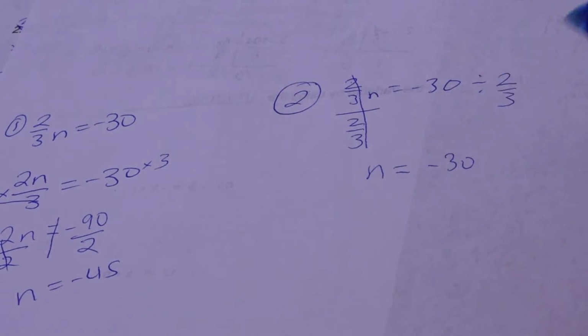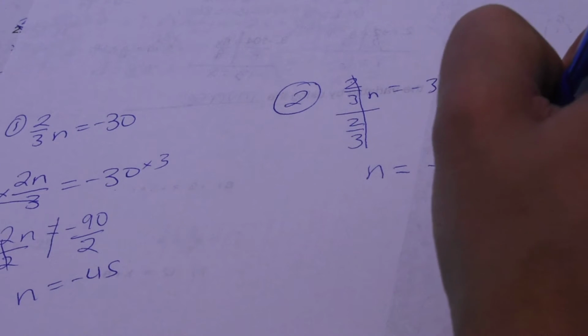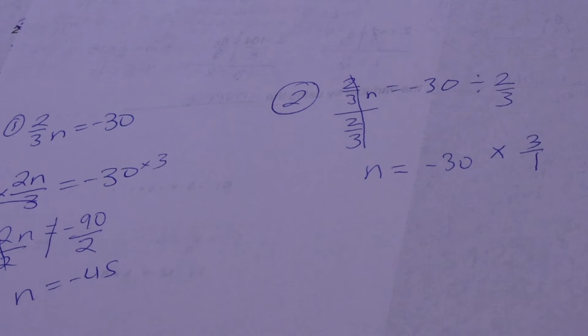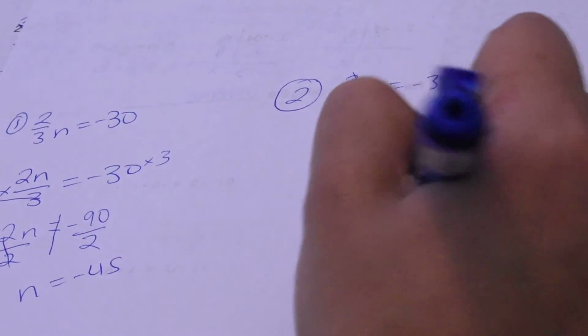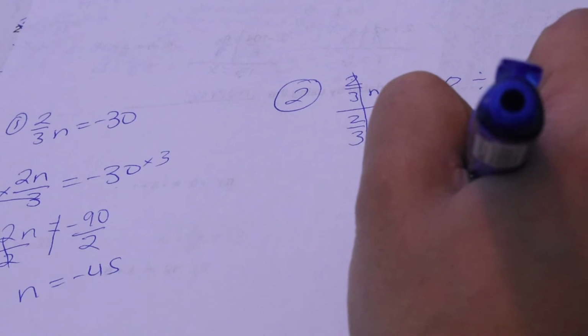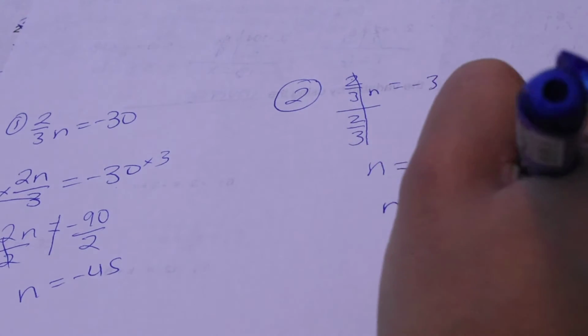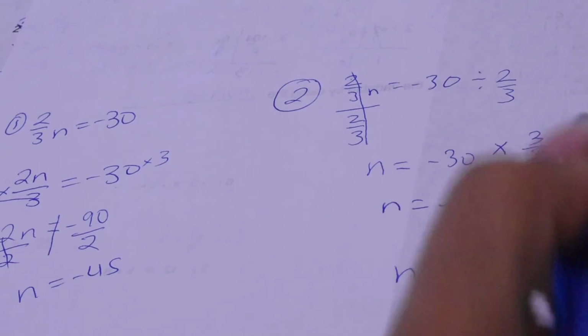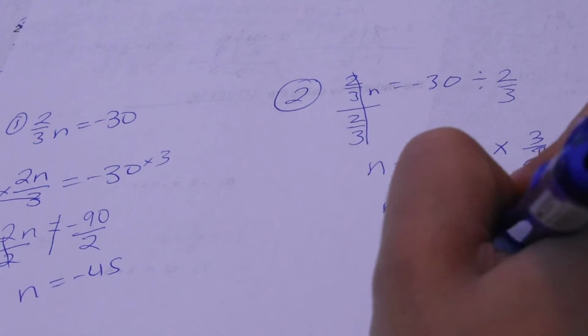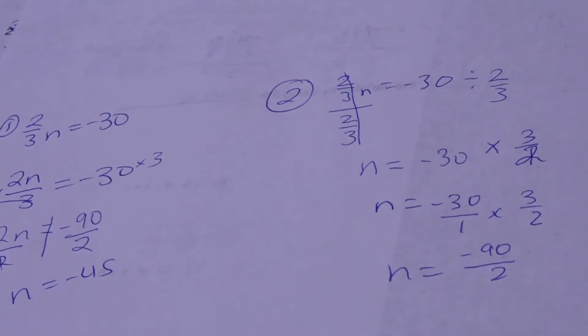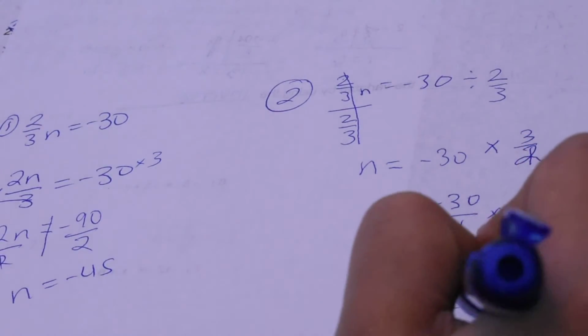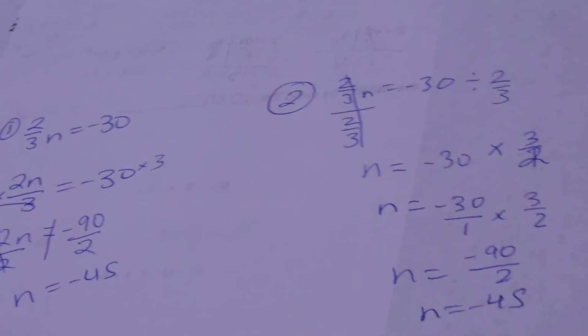And remember, when you divide by a fraction, you have to multiply by the reciprocal, 3 over 2, I'm sorry. So n equals negative 30 over 1 times 3 over 2. Negative 30 times 3 is negative 90. 1 times 2 is 2. N equals negative 90 over 2. N equals negative 45. So that's two ways to do it, right?